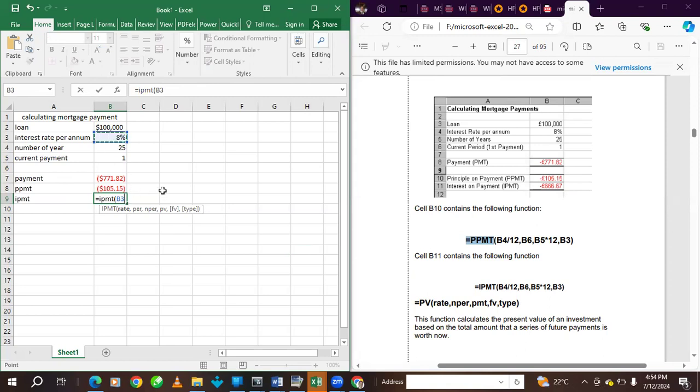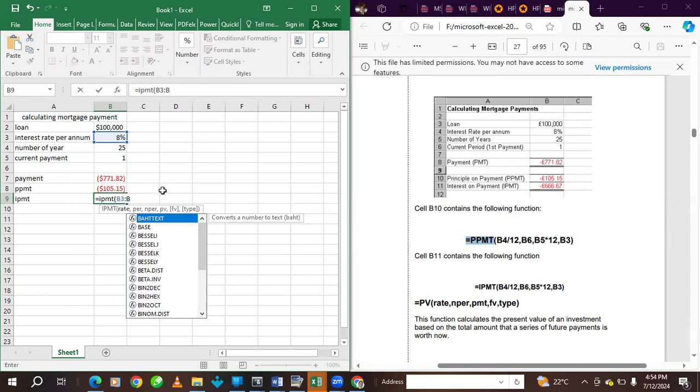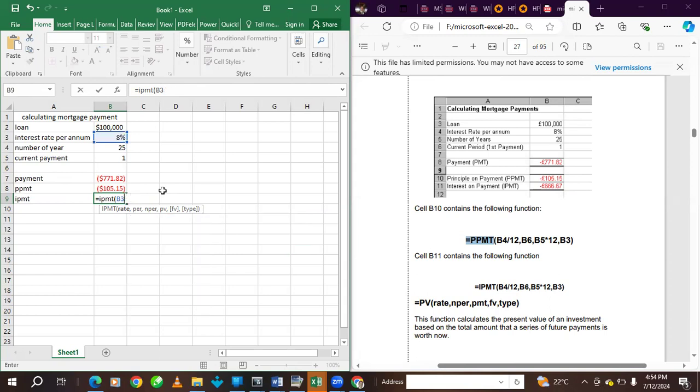This 8% you divide by 12. After dividing it by 12, you select the current payment period, which was the first year. Then you put a comma here. After putting a comma, you come and select the number of years.